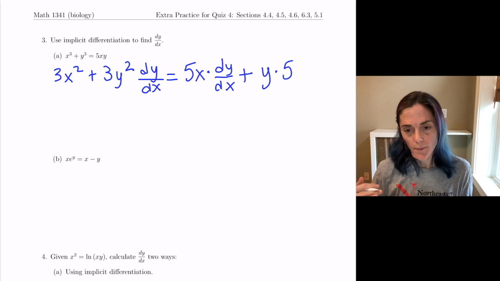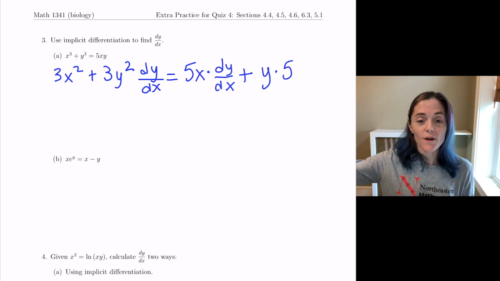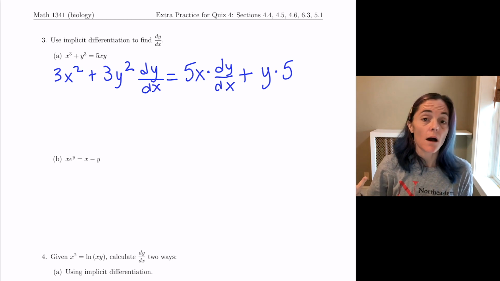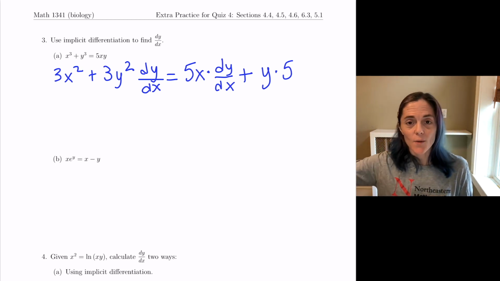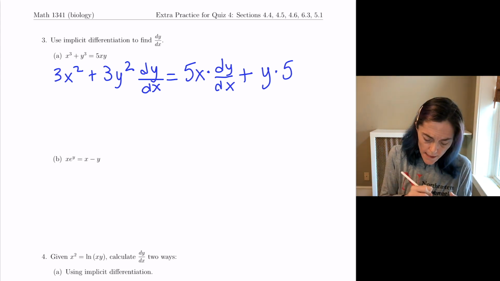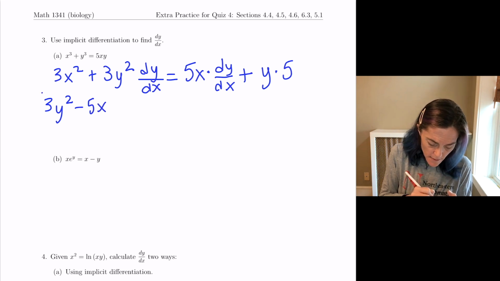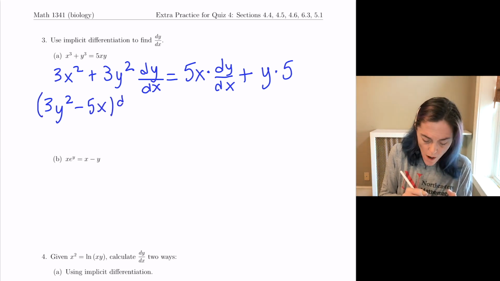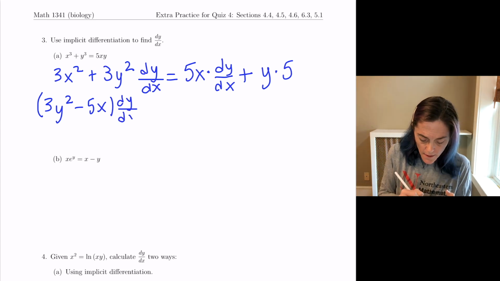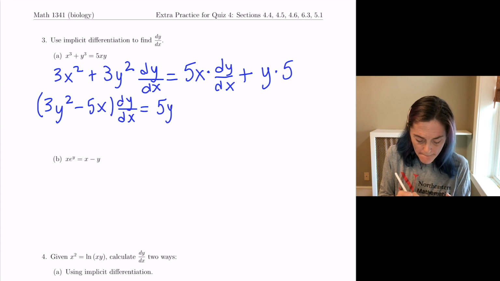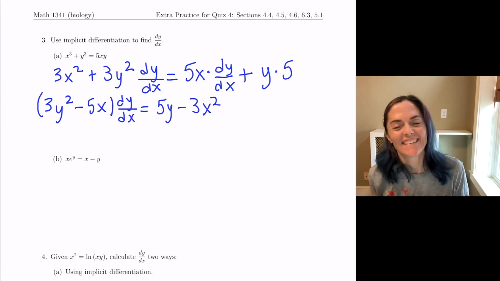My next step is move everything with the dy/dx on one side and everything without to the other. Okay, so I will have 3y squared minus 5x times dy/dx equals 5y minus 3x squared.